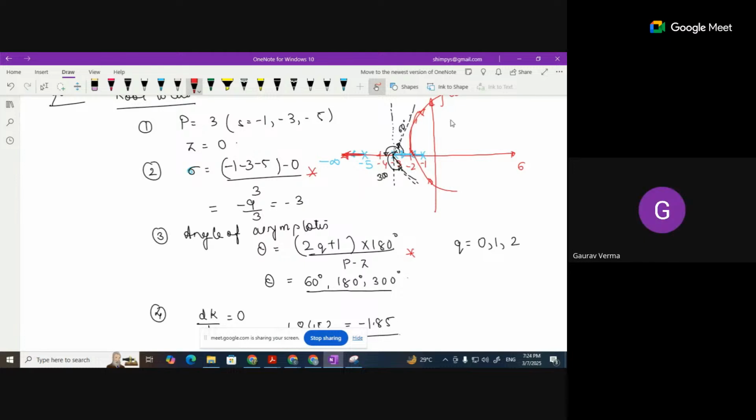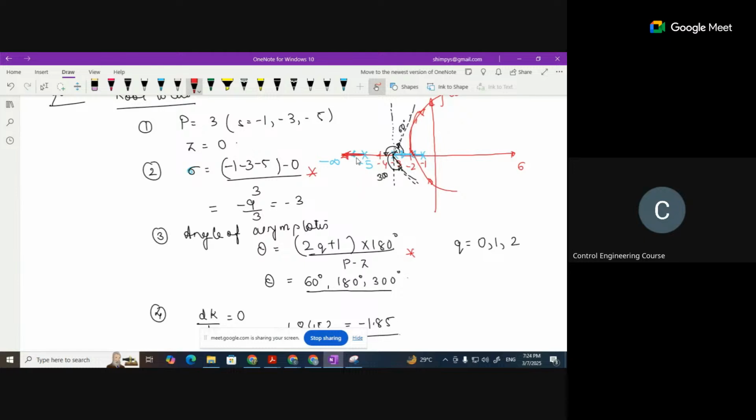At the breakaway point, the root locus will leave the real axis. So now, at what angle will it leave? From the breakaway point, the root locus will always be at 60 degree, right?